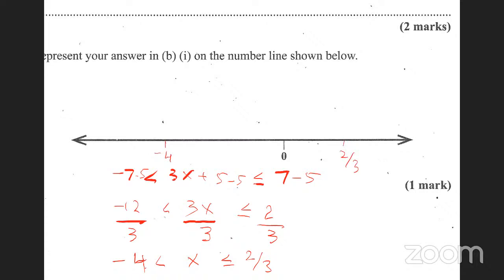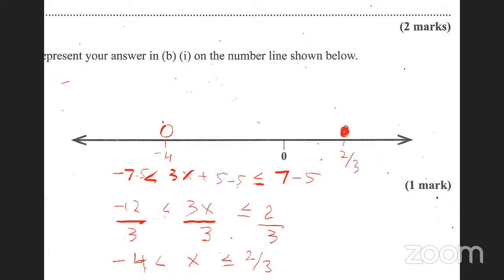On the -4, hollow circle or solid circle? Hollow, right? On the 2/3, hollow or solid? Where are the arrows going now? Start with the -4, to the right or to the left?